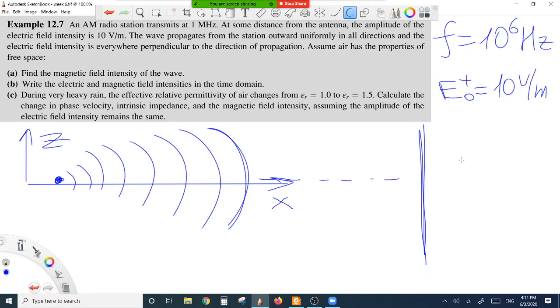And now the electric field intensity varies with x.